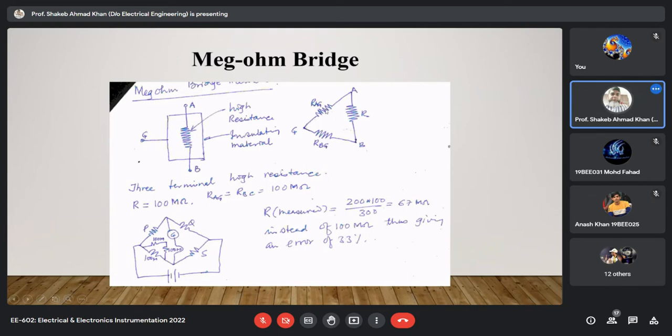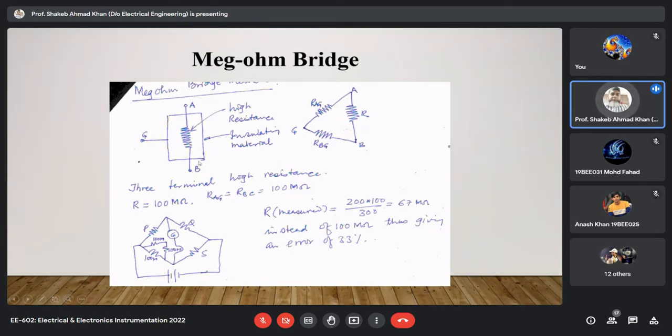This resistance between the main terminal and the guard terminal is insulation resistance, and it is of the same order as the unknown resistance, because the unknown resistance belongs to the high resistance category. So suppose I take R as 100 mega ohm, and the resistances between the guard terminal and the main terminals are also 100 mega ohm.